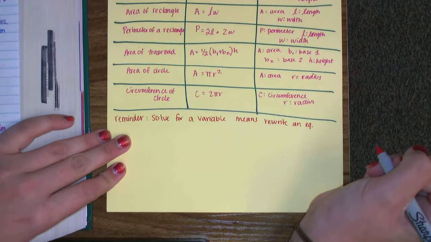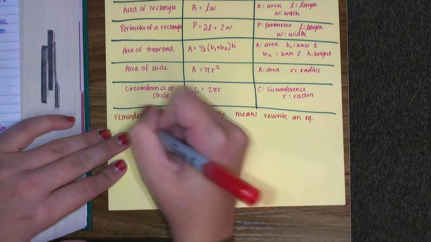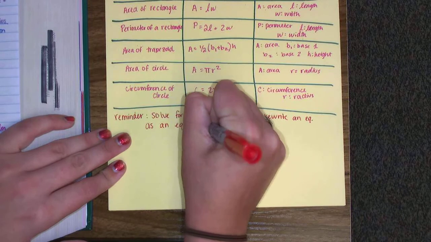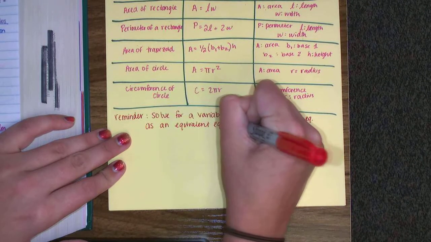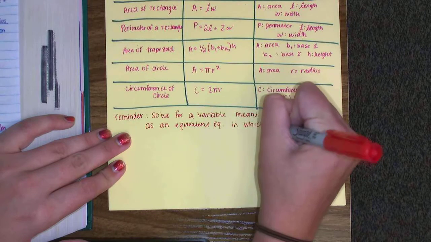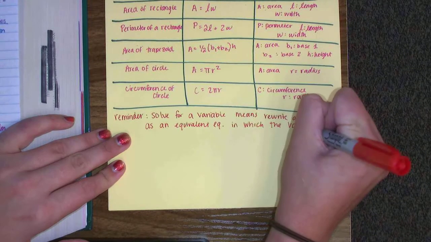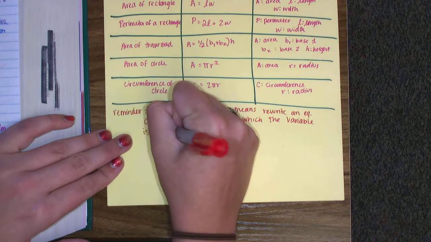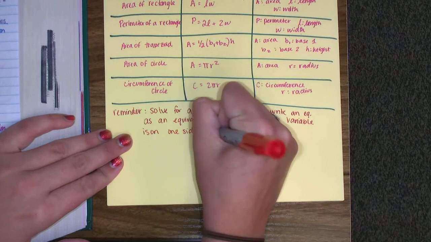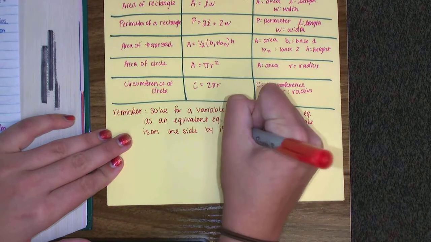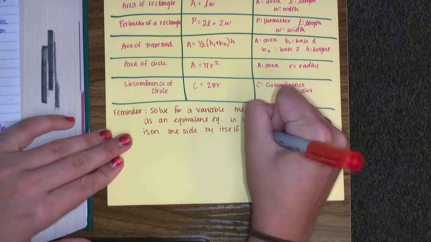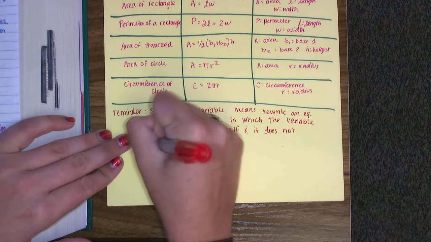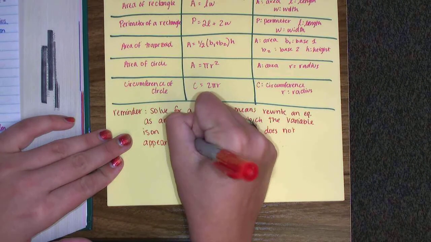Okay, EQ is for equation, the abbreviation I'll use a lot, as an equivalent equation in which the variable is on one side by itself and it does not appear on the other side.